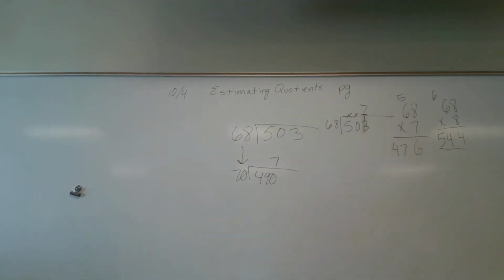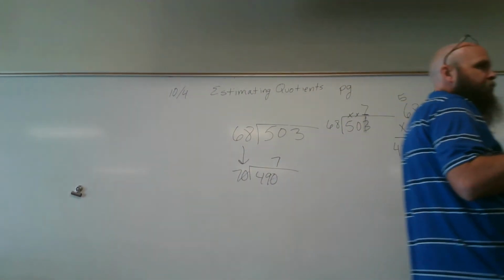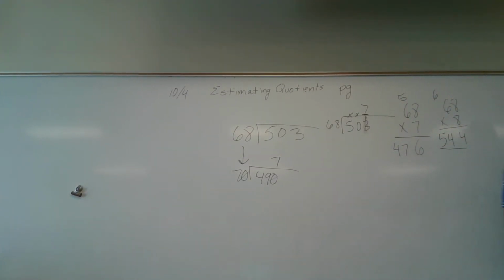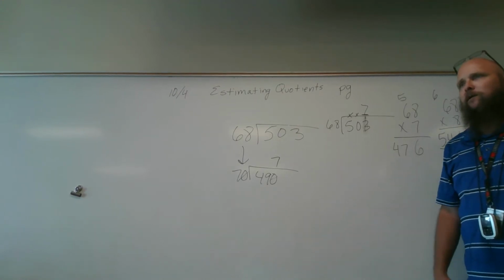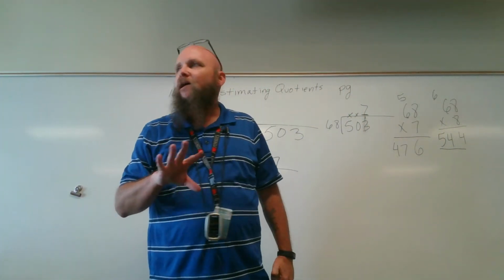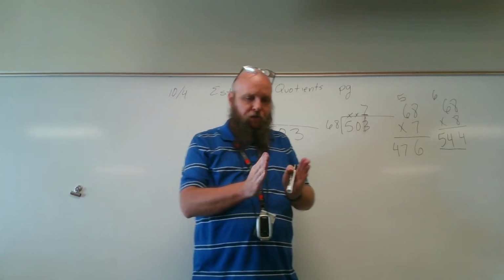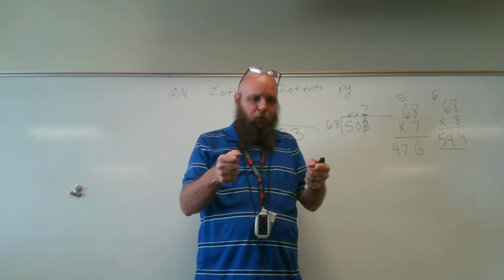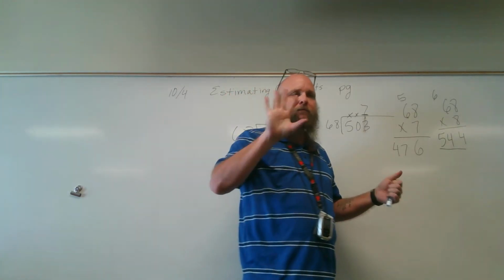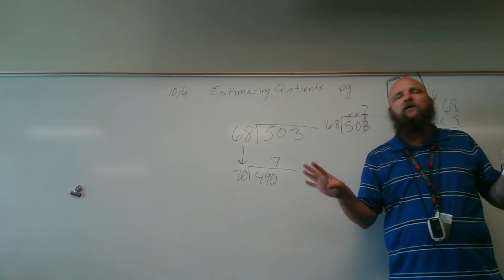Now let me tell you a little something over here, Molly. What Mr. McMurdo sees a lot is, all right, I've done this math, and I'm going to erase it because I don't want it on my paper. That's just silly, Molly. As long as Mr. McMurdo, I'm going to start talking about myself in the third person, as long as Mr. McMurdo doesn't have to do like a map to find the answer to your questions, turn left at the big oak tree with the Y in it, go right until you see the cow pooping, I mean, as long as I can find your answer fairly evenly and you're not tapping on your chair, then we're good.